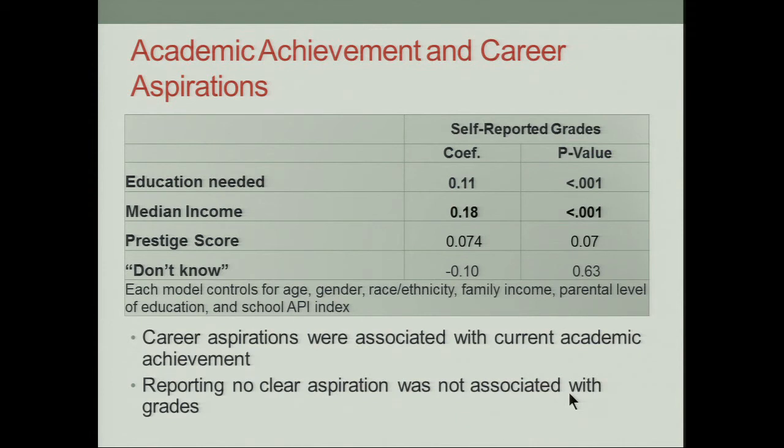So we found that after controlling for sociodemographics and school quality, career aspirations were associated with school performance, such that kids with better grades aspired to have careers that required more education and with higher median income levels.